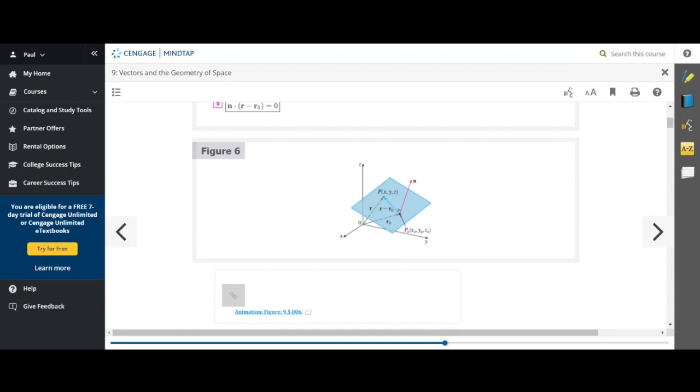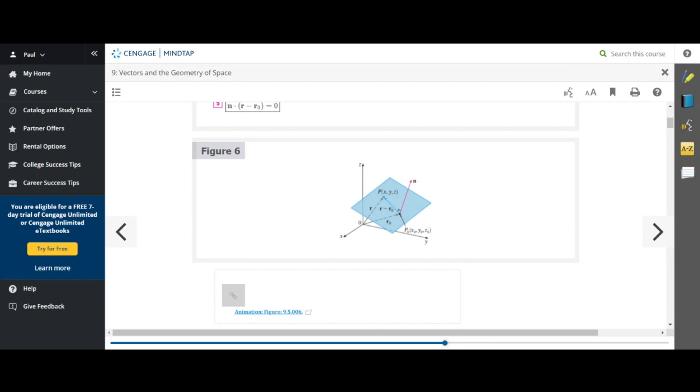But if you then include a normal vector to the plane, that uniquely determines the plane. So a point on the plane and a normal vector to the plane uniquely determine the plane. All right, and that's what they're getting at. And based on that idea, you can derive the equation of a plane.